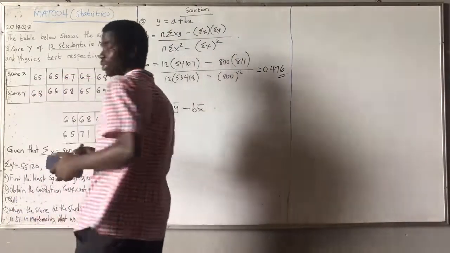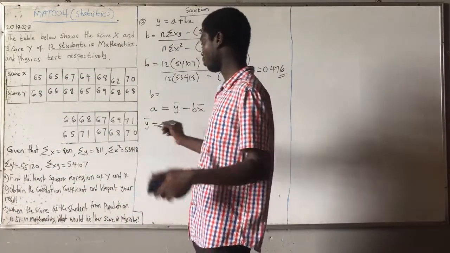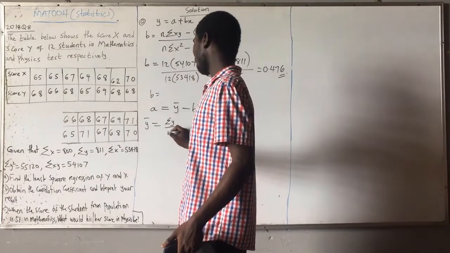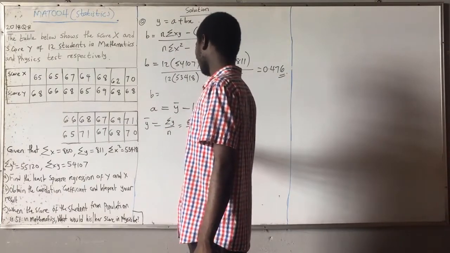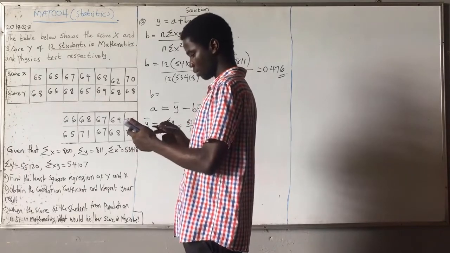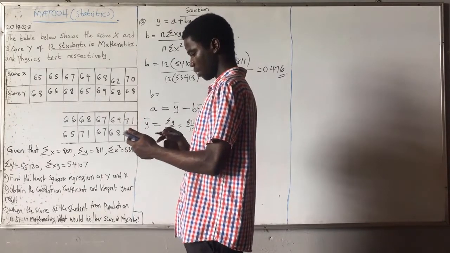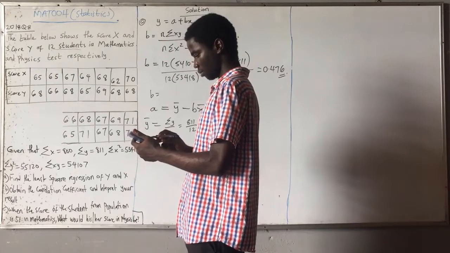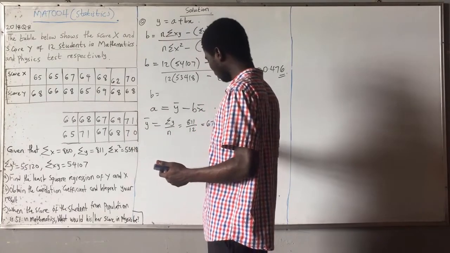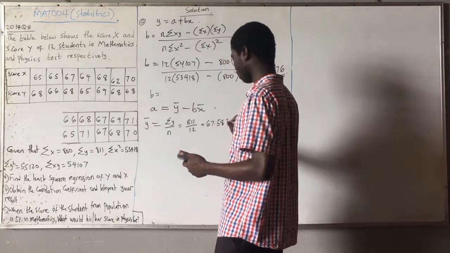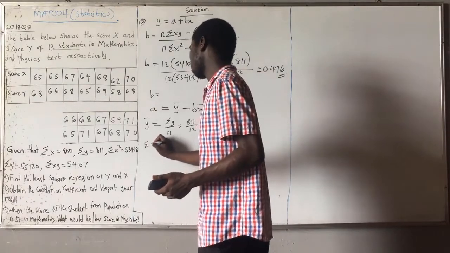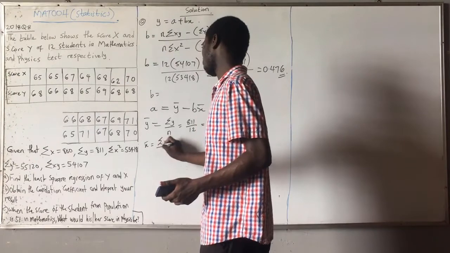Y bar means summation of y over n. What is summation of y? 811. 811 divided by 12. The answer is 67.583. x bar is summation of x over n.